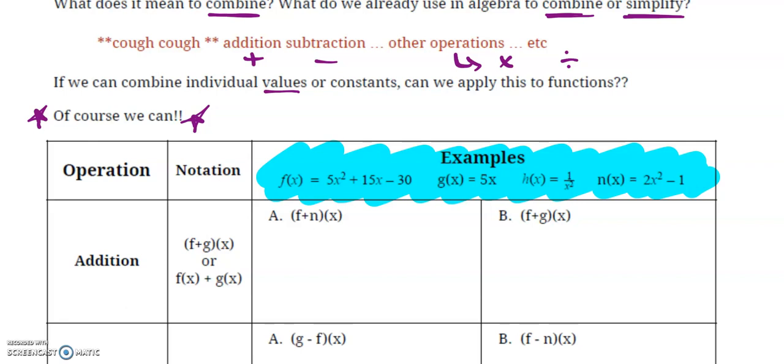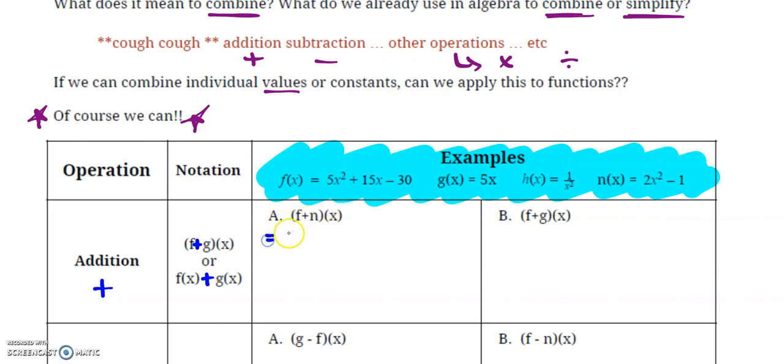The first operation we're going to talk about is addition. If you see an addition symbol in between two function names, or in between two sets of function notation, that means you're going to add the functions together. I used f and g generically here, but you can do this with anything. If you look at letter A, it says f plus n.